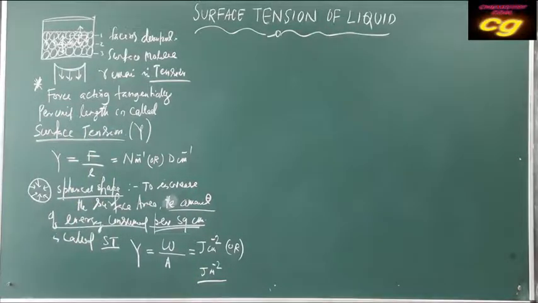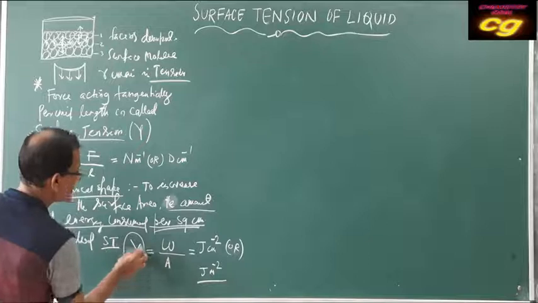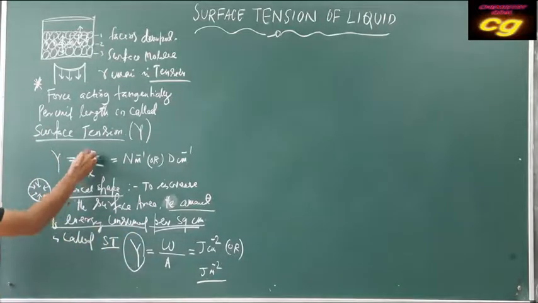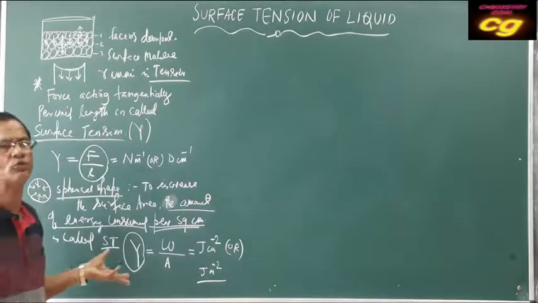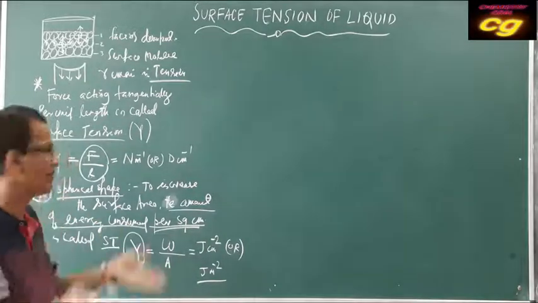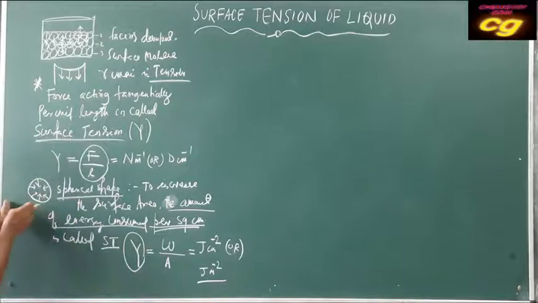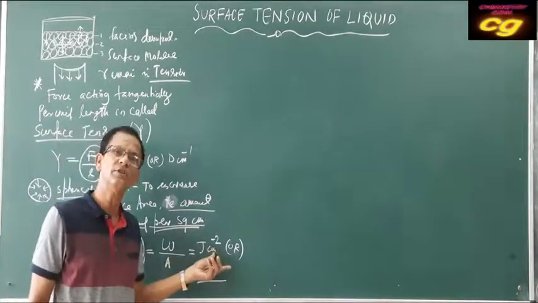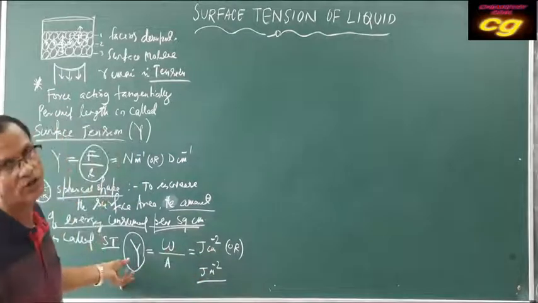So this gamma, surface tension, can be expressed as force per unit length or in terms of energy consumed to increase the surface area. The energy to increase the surface area of the liquid, in joule per centimeter square, is also called surface tension.